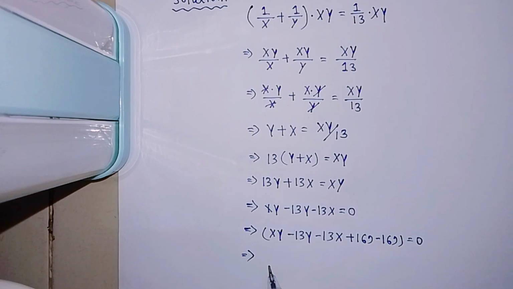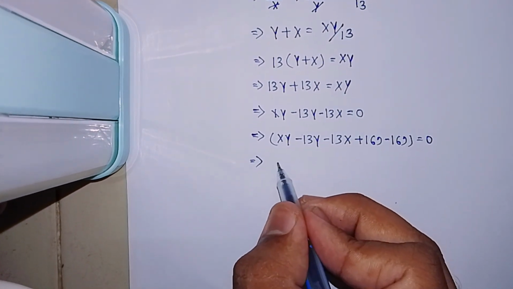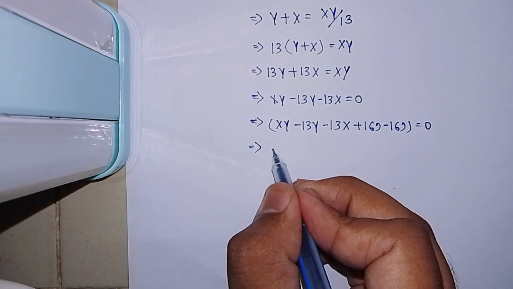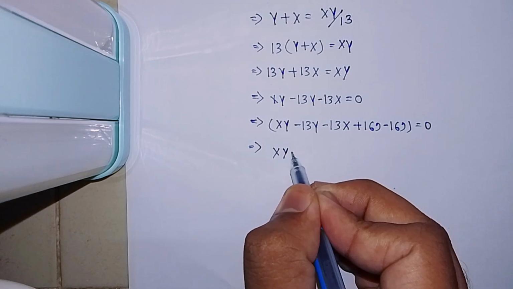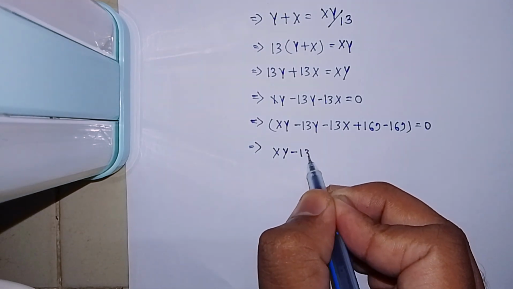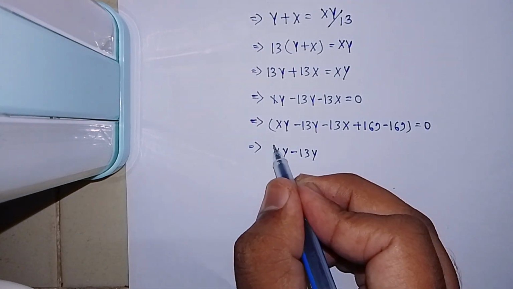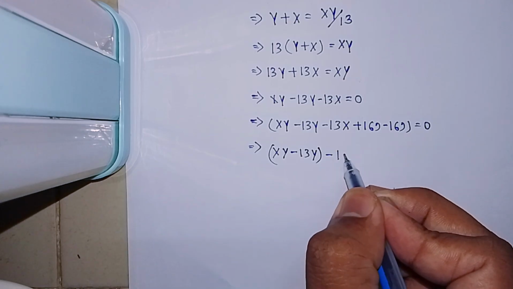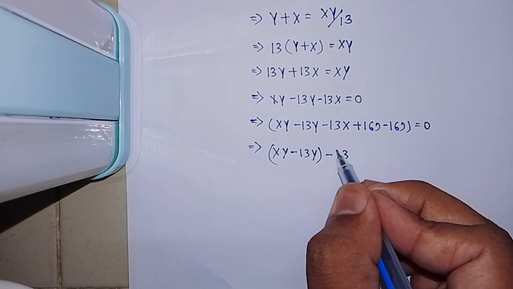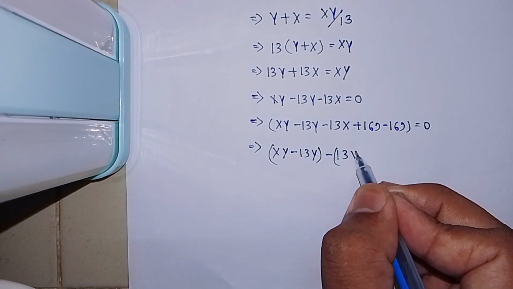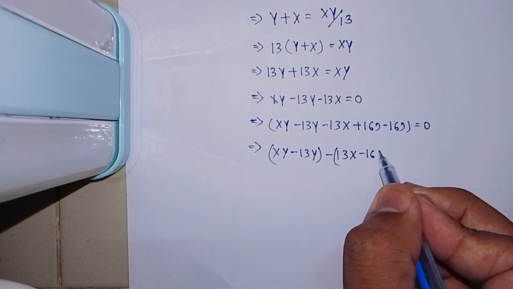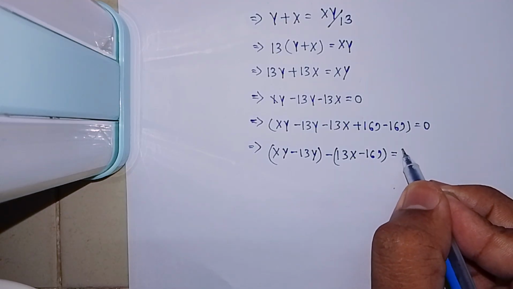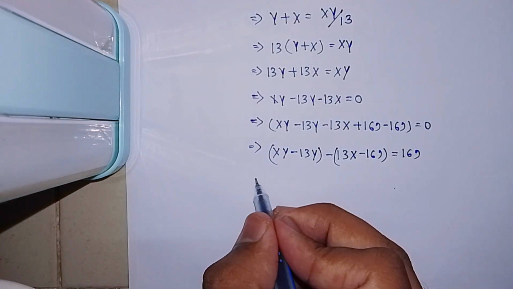And then we can write (xy - 13y) - 13x - 169 equal... (xy - 13y) - (13x - 169) equal 169.